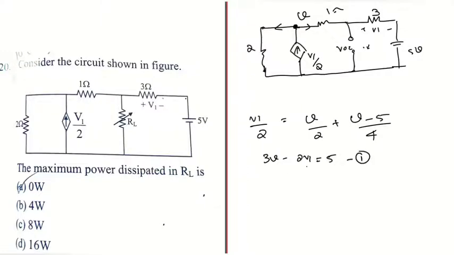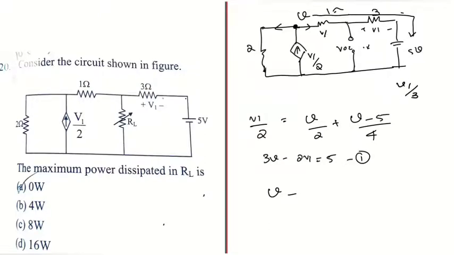Okay, let's keep that in mind and write the equation from here to here. I am going to just write the equation V minus the current flowing through the 3 ohm is V1 divided by 3.